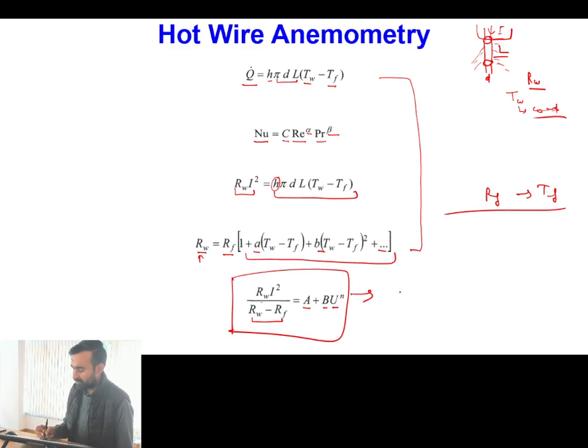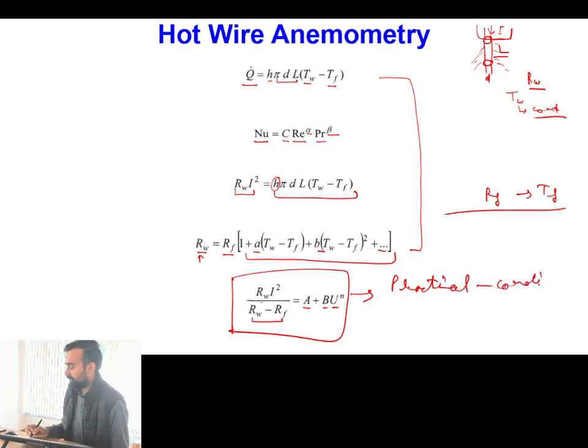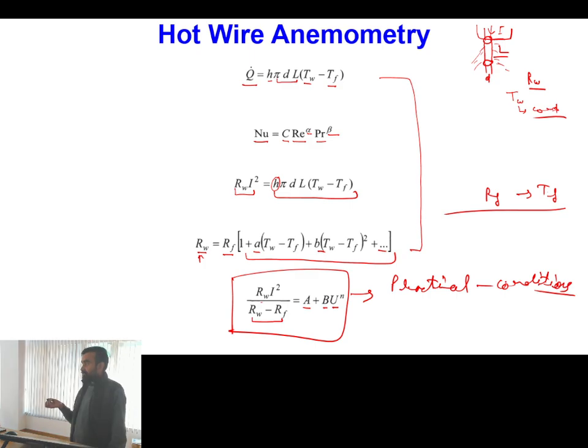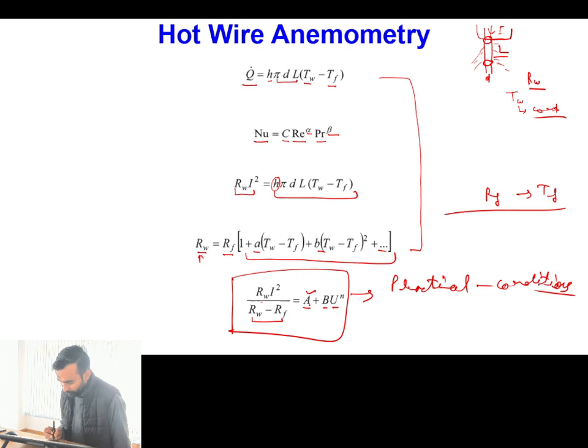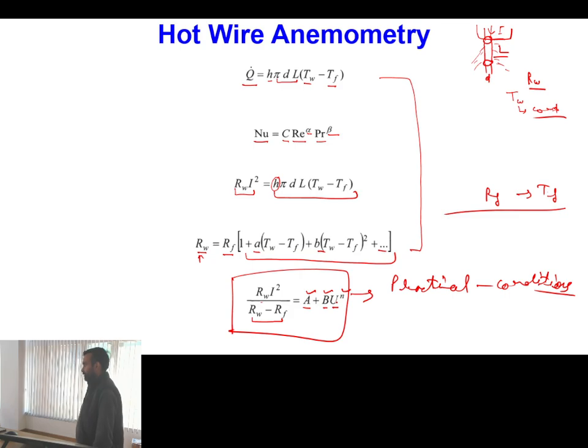So this is the relation which is used in practical conditions. In practical conditions our only interest is to determine three coefficients A, B and n through the process of calibration.